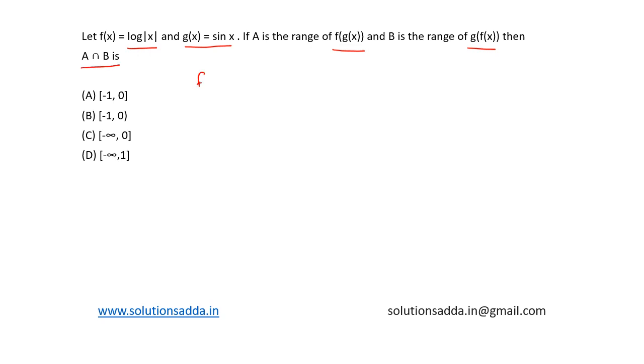Let's write f of g of x first. f of x is log of modulus x, so f of g of x is log of mod sin x. Now, the value of sin x ranges from -1 to 1.